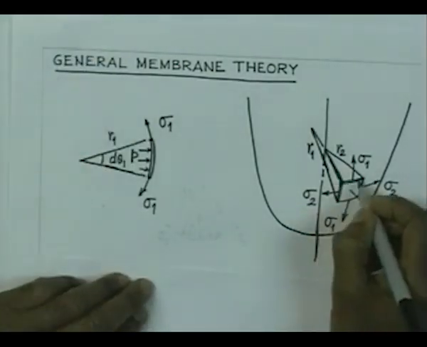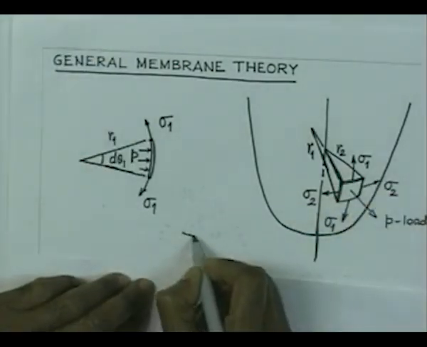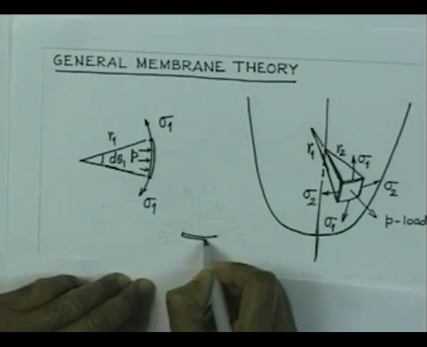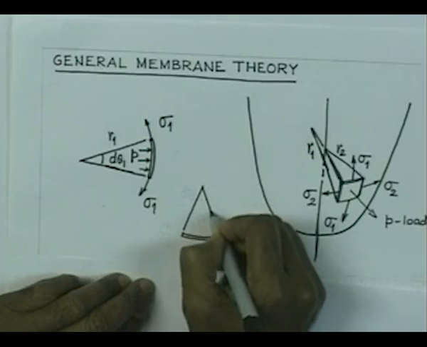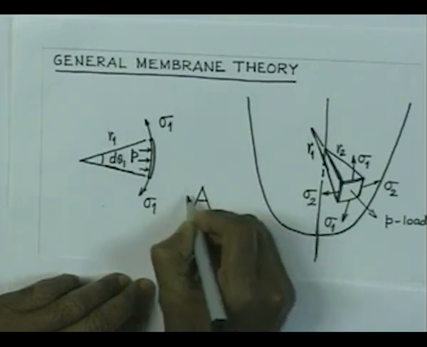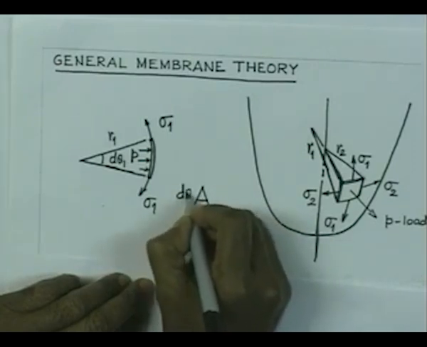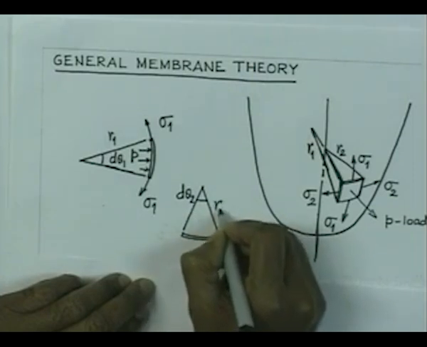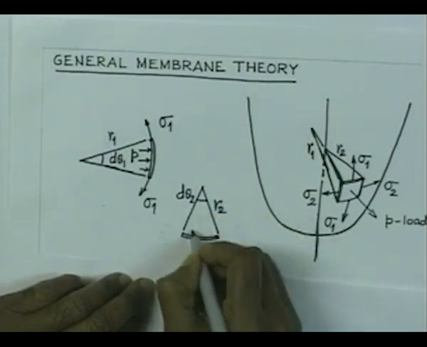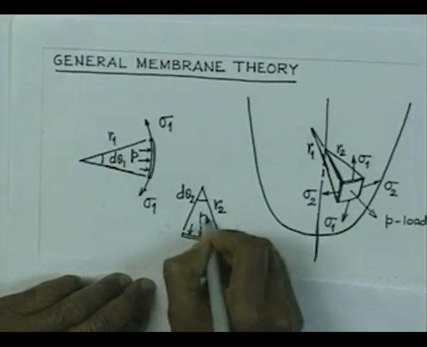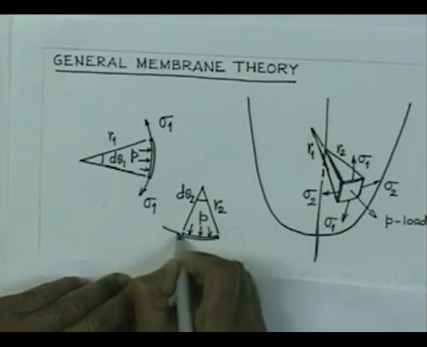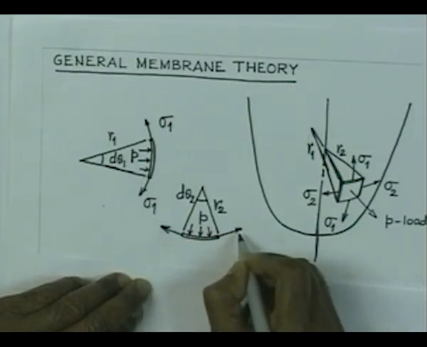Similarly, if we consider this sector, this is making an angle of, let us say, d theta 2, the radius is R2, and the pressure is acting in the radial direction P. Stresses at the edges is nothing but sigma 2.